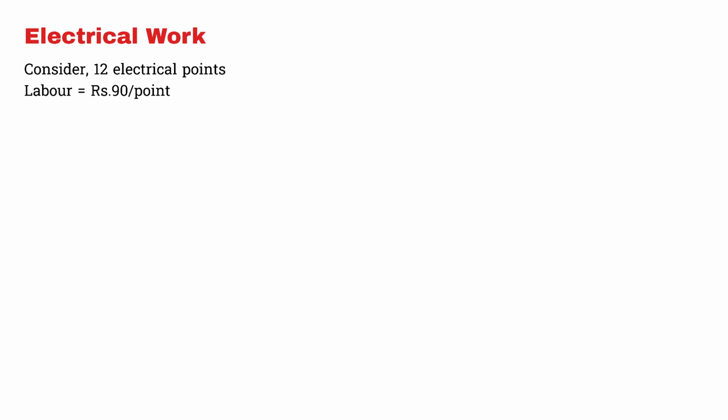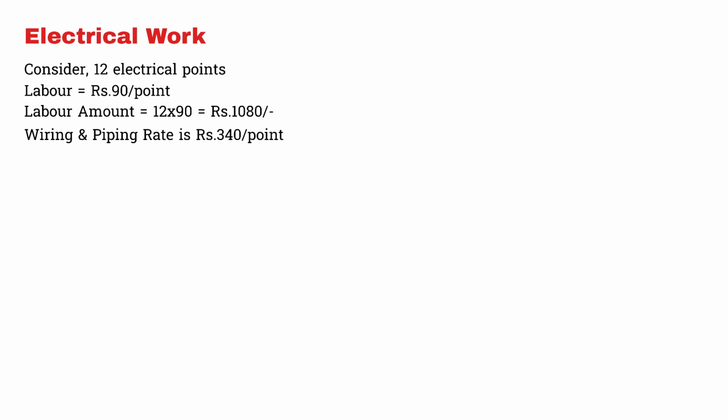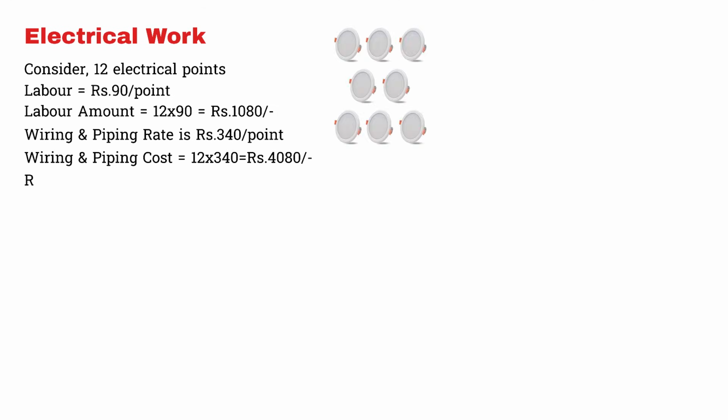Now comes electrical work. Consider 12 electrical points. Labor rate is around 90 rupees per point. Labor amount shall be 12 into 90 is equal to 1080 rupees. Now for wiring and piping, the rate is 340 rupees per point. So 12 into 340 is equal to 4080 rupees. Now the cost of LED is 220 rupees.